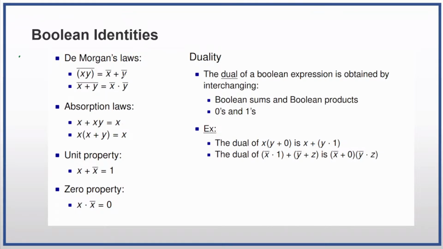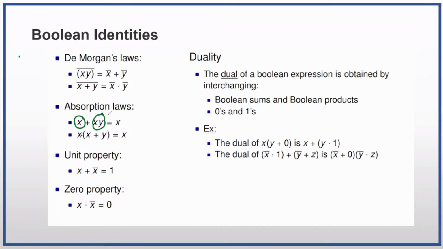And then the next one is the absorption law. When you have the addition of two terms or the product of two terms, and both terms contain a single input, you can see that both of these terms contain x.